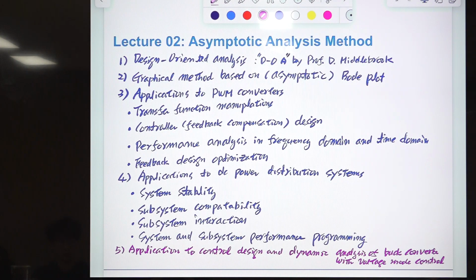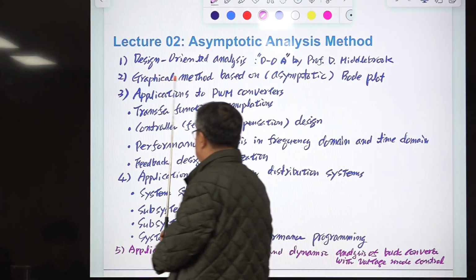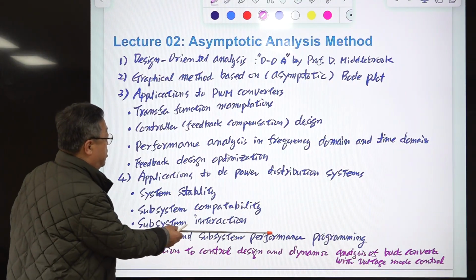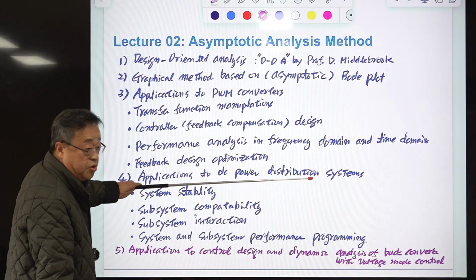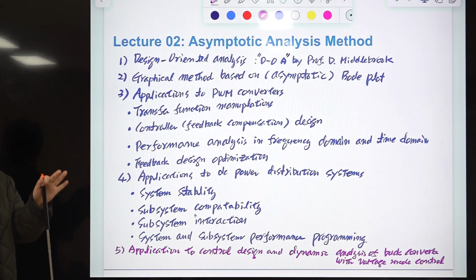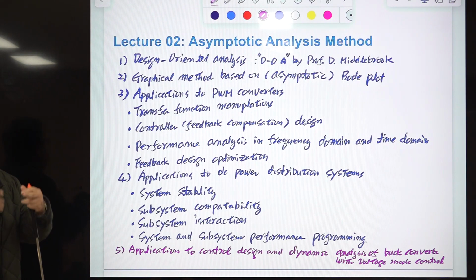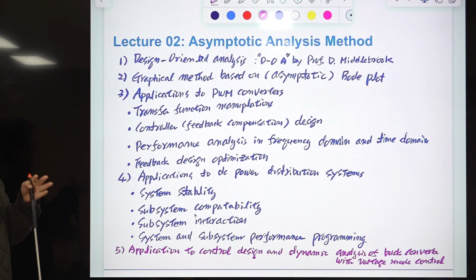Another example, in maybe the later part of this lecture series, maybe next semester, we will be dealing with DC power distribution systems, where many PWM converters are connected in series, in parallel, or a combination of them. So it is a very complicated system.